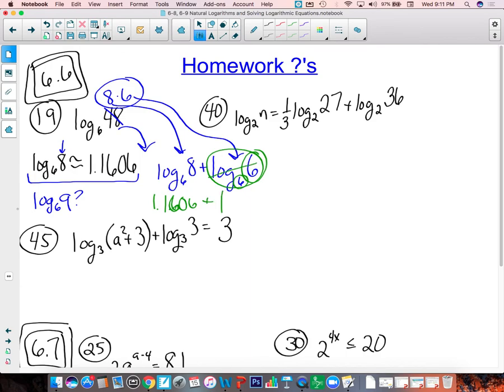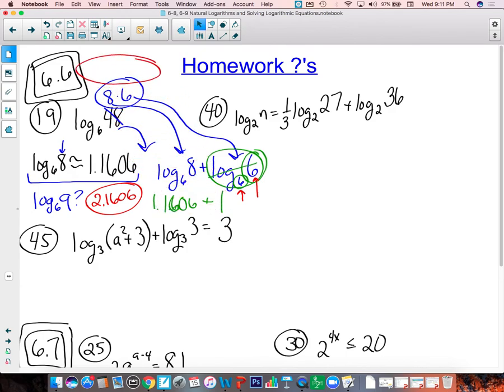Okay, so again, if the base, so that would be my 6 here, if that is the same as that number, you can ask yourself, well, 6 to what power gives me a 6? Well, 6 to the first power, all right? So if you have the base matching the number on the inside, it just cancels to a 1. So this will turn into, right here, it'll be 2.1606 is your answer. Okay, so 2.1606. That's your final answer for number 19.